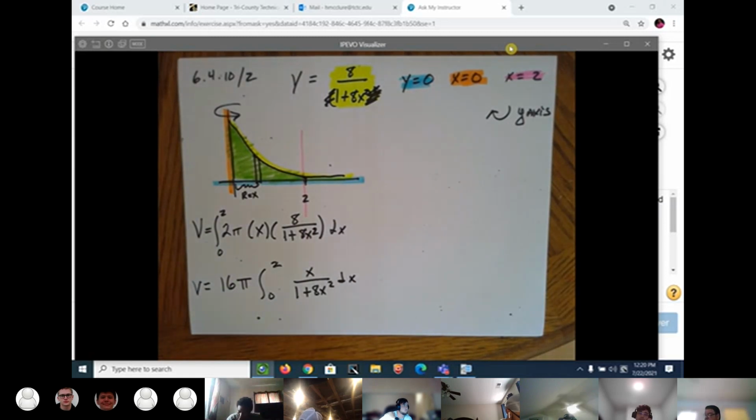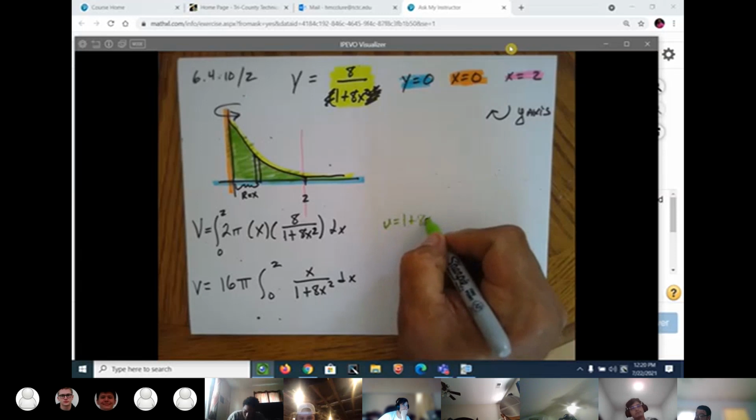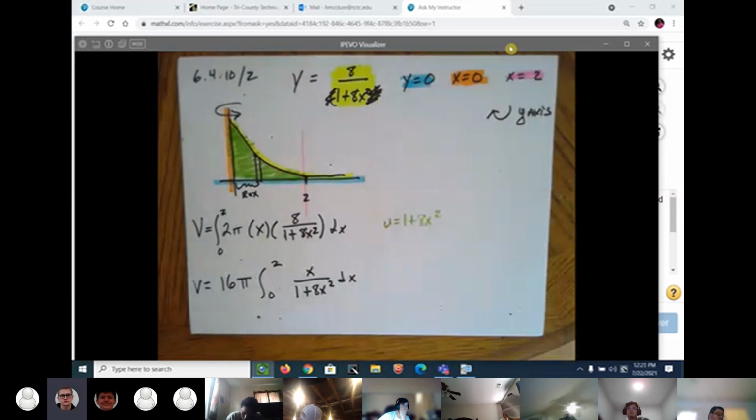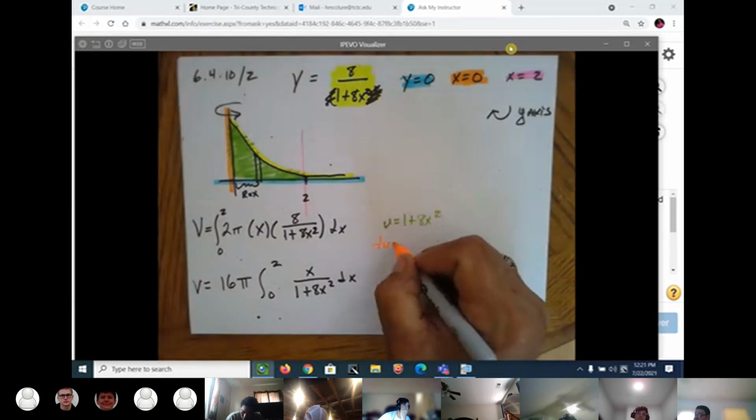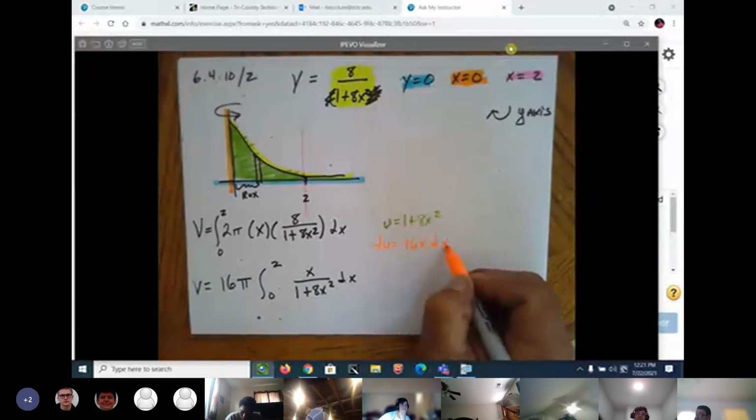U is equal to what? U is equal to 1 plus 8x squared. Du is equal to what? 16x dx.